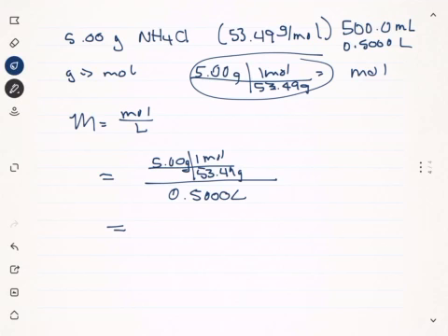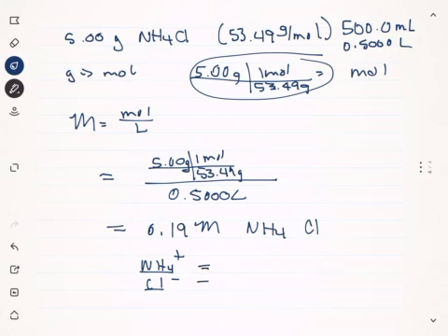Do your math on this, and you get to 2 sig figs, 0.19 molar NH4Cl. Well, this is a substance that has 1 ammonium and 1 chloride, so the concentration of each of these will be the same.